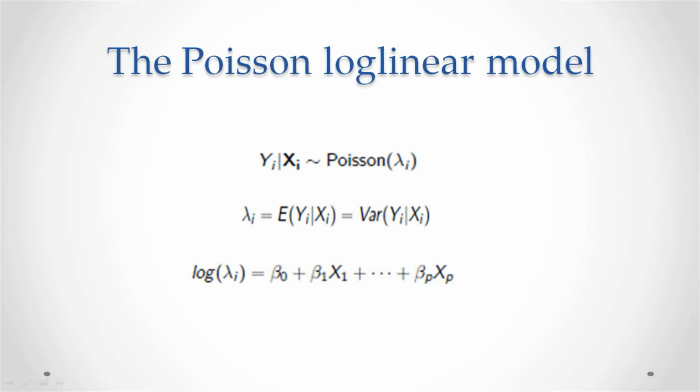For the ith individual, we assume then that yi conditional on xi follows a Poisson distribution with rate lambda i, where lambda i is equal to the expectation of yi given xi, and we know that since we have assumed a Poisson distribution, this is also equal to the variance of yi given xi.